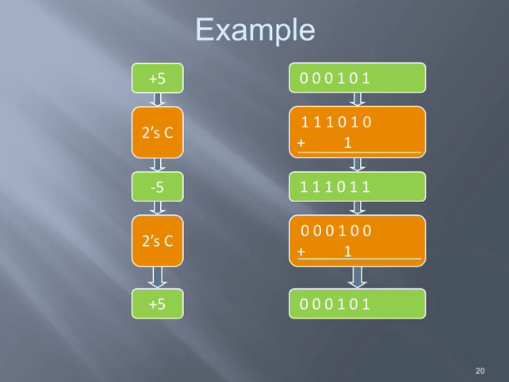Representing positive and negative numbers with the help of 2's complement representation is much easier compared to sign magnitude or 1's complement representation. That's why this 2's complement representation of binary numbers is mainly used in all microprocessor or microcontroller based systems nowadays.